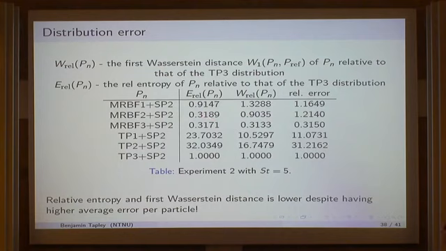It's actually a lot lower. So what is this saying? The relative entropy and first Wasserstein distance are lower despite having a higher average error per particle. This is interesting because it shows that these errors are averaged out in a much better way than with just using a simple polynomial vector field. That's the main observation there.